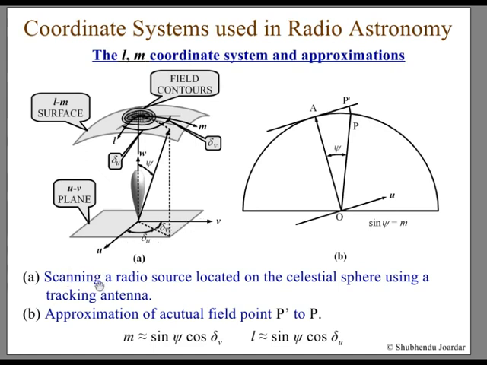I'll just go to the next slide, but before that I'll read it. Scanning a radio source located on the celestial sphere using a tracking antenna. Approximation of the actual field point P dash to P. This is about this one, and you can see these are the approximations for L coordinate and M coordinate.